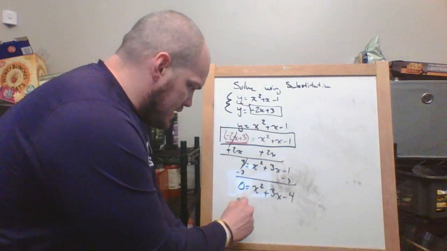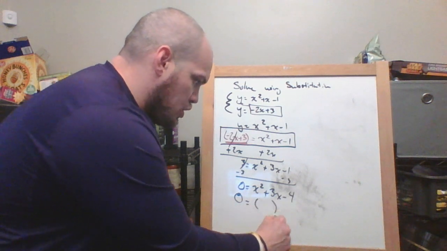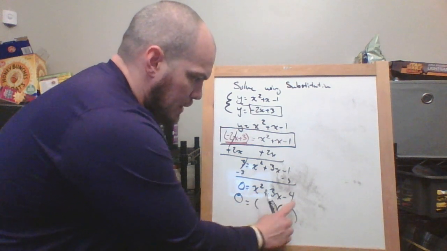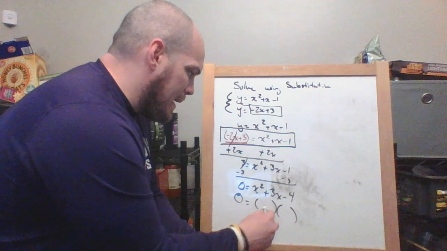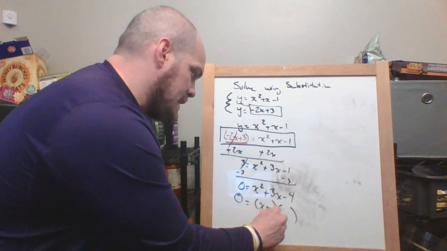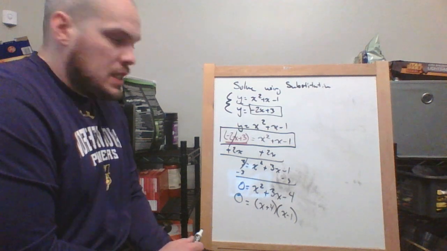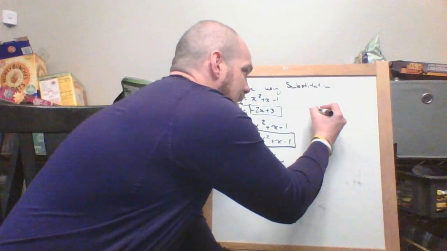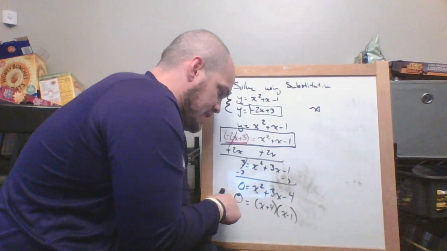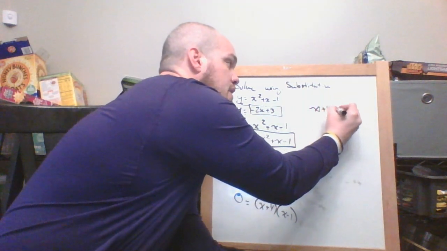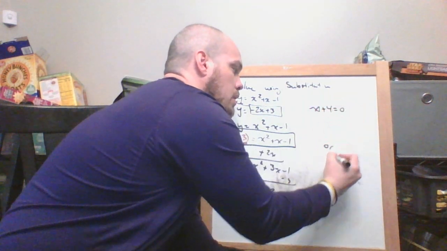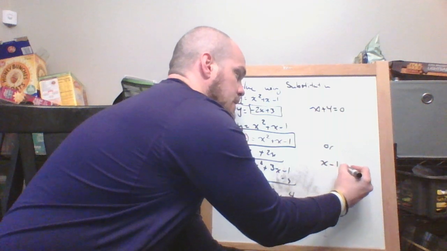So I'm going to factor this and say 0 is equal to, what are two things that multiply to get -4 but combine to get +3? That is x plus 4 and x minus 1. Because these two factors are set equal to 0, we know x plus 4 is equal to 0, or x minus 1 is equal to 0.